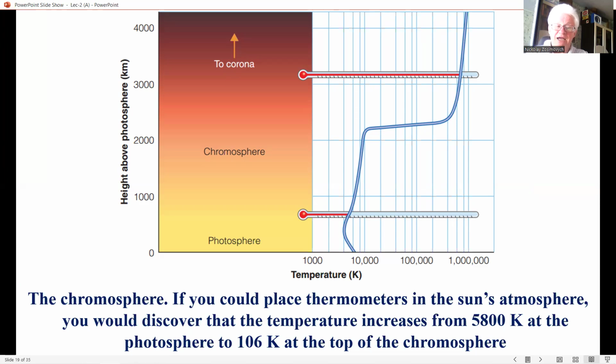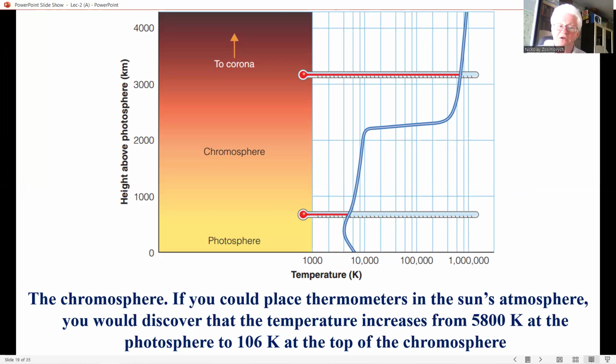Solar astronomers can take advantage of some elegant physics to study the chromosphere. The gases of the chromosphere are transparent to nearly all visible light, but atoms in the gas are very good at absorbing photons of specific wavelengths. This produces certain dark absorption lines in the spectrum of the photosphere.